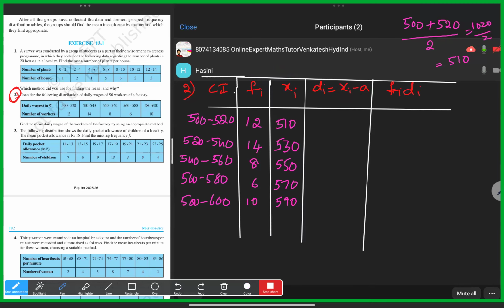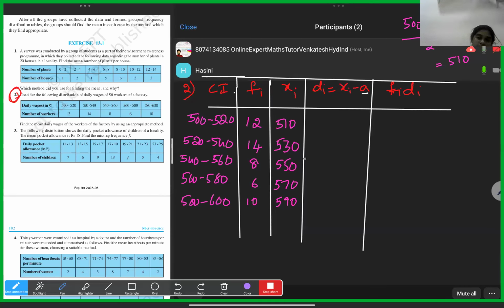Its meaning is deviation, means what we are doing is we will select a value which we will call the assumed mean. So here, in the xi column, we will select a value from that column of numbers, most preferably the middle value in the column. Which value, Hasni? Middle value.